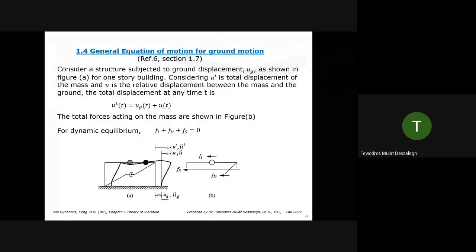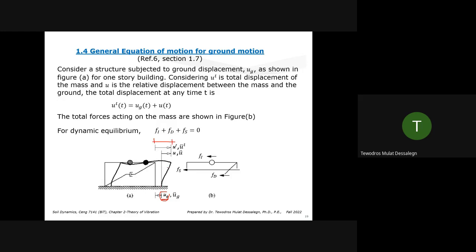Just take an instant of time where the ground moved by this much. u_g is the ground displacement. If it moves like this, now it introduces different motions on the building. You will have this total displacement, and you will have this relative displacement.